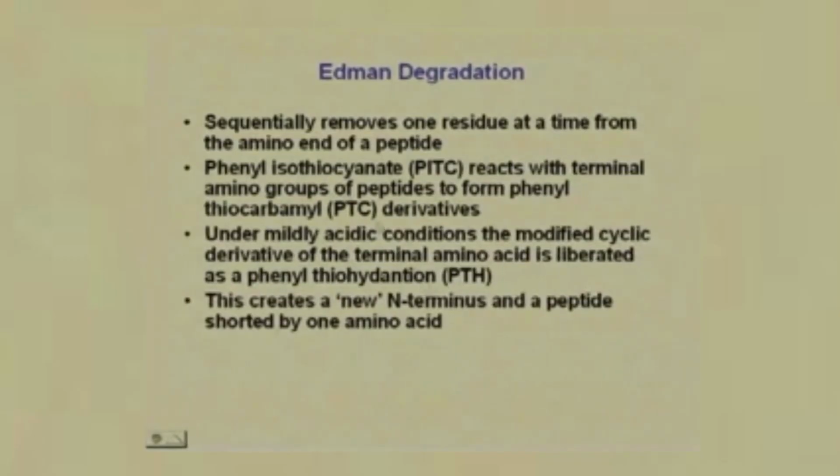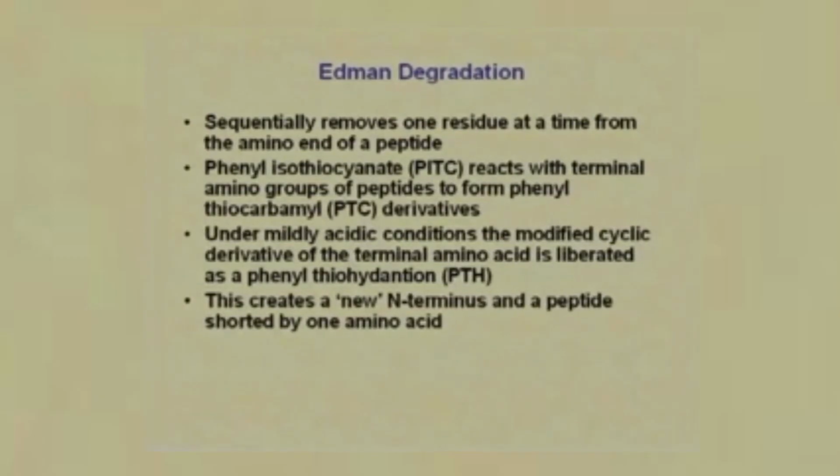What you need to know again is that in Edman degradation we are removing one residue at a time from the amino terminal of the protein. We have a thiohydantoin formed that carries with it the amino acid that belonged to the N terminus.